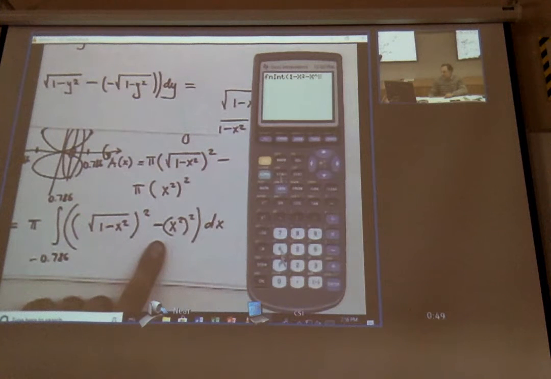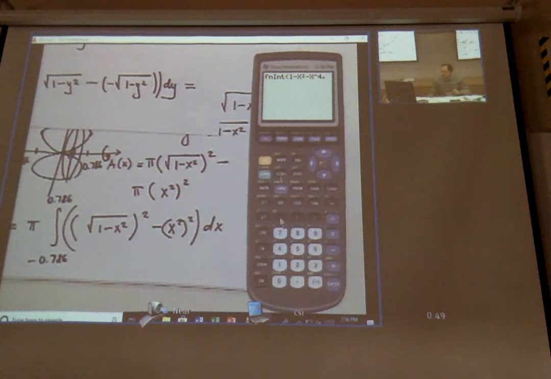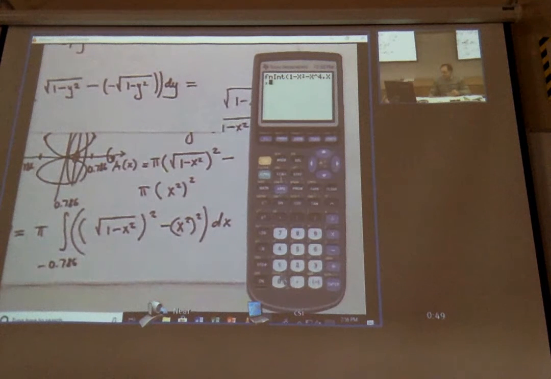Then comma, I'm going to use x as the variable, that's my choice basically. And then we'll have from negative 0.786 to 0.786, close this. And then hit enter, and did we get the same?